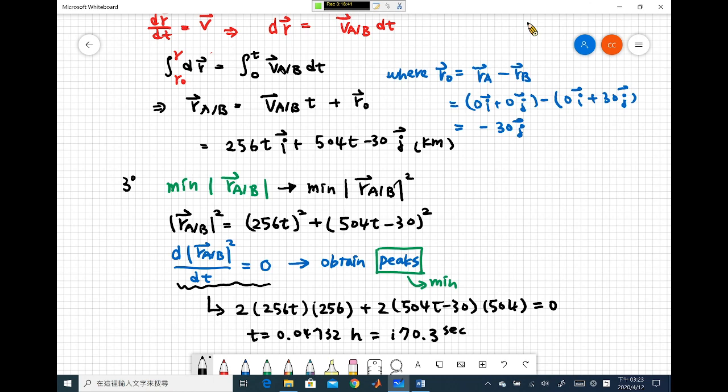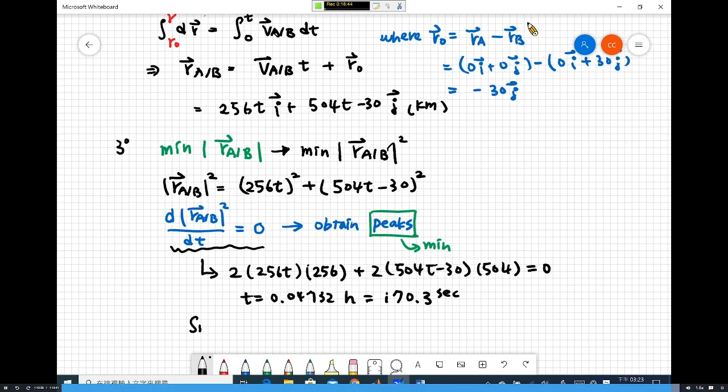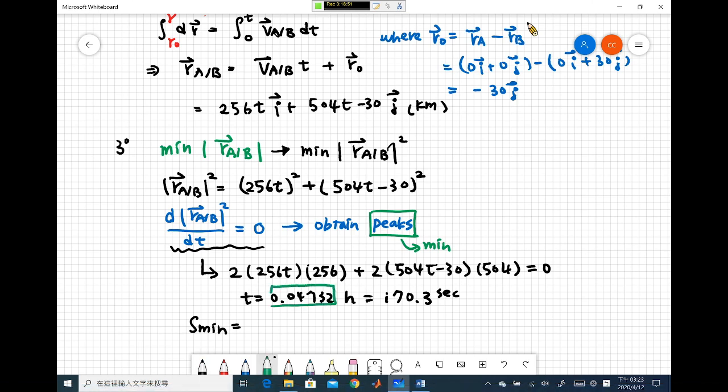Okay, and your S minimum will be, you use this number, plugging back into equation 1 when t is equal to 0.04732. And then for equation 1, you have to take the square root. So finally, you can obtain this 1.359 kilometer.